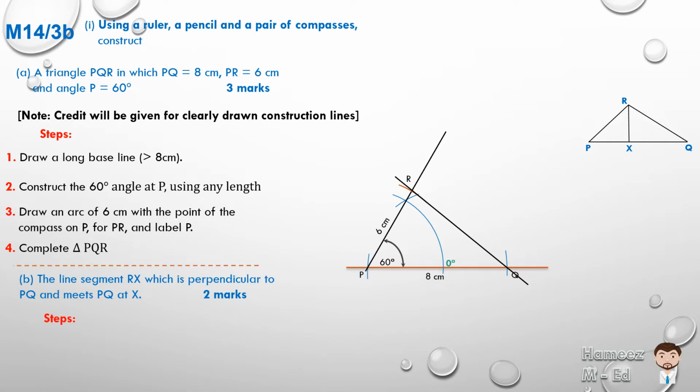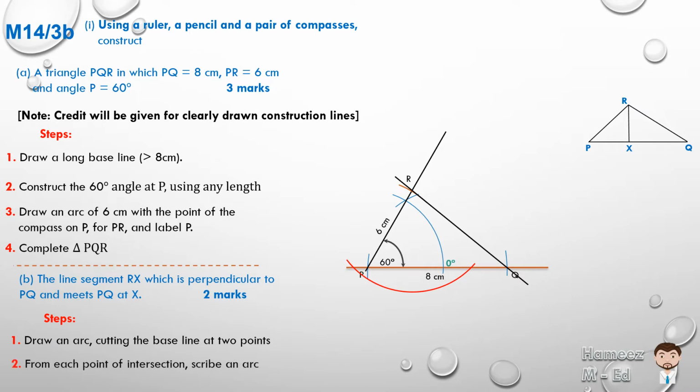So let's see the steps. What we can do, we can rest our metal point of our compass on R and swing an arc, which we have in red. Remember that we're going to make our compass longer than that distance from R vertically down to the line. Why? Because we want to get 2 points of intersection. So we have the points where the red line meets the baseline.